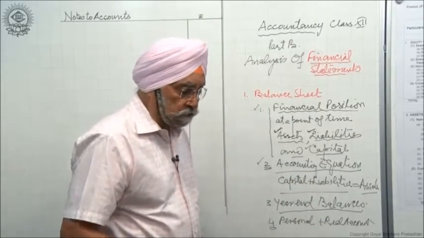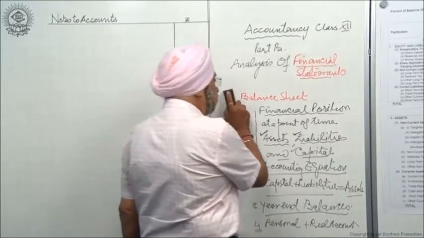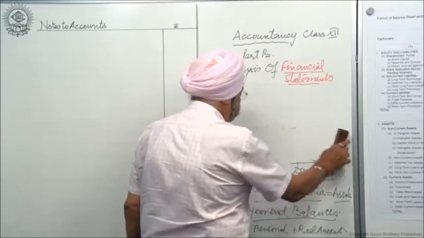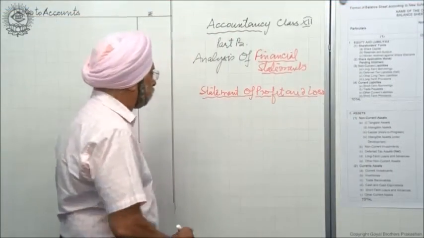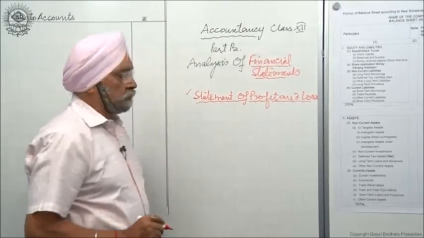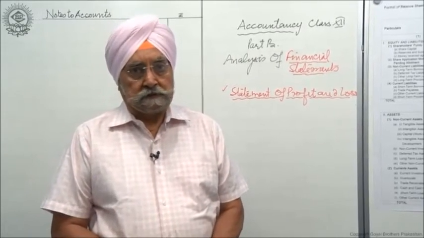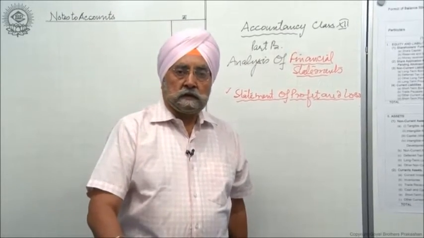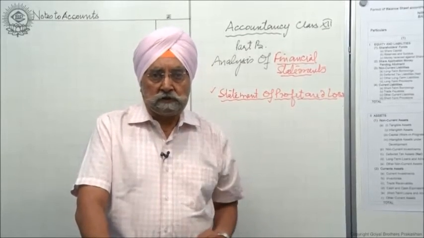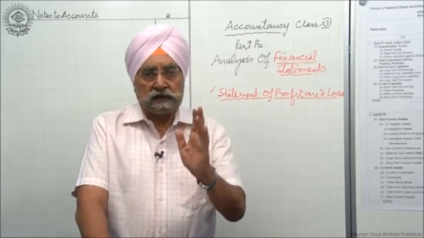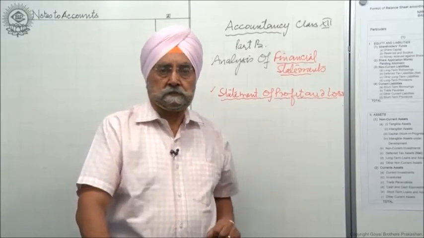Now we come to the second statement, that is statement of profit and loss. The Companies Act 2013 gives a pro forma of both a balance sheet and a statement of profit and loss account in Schedule 3.